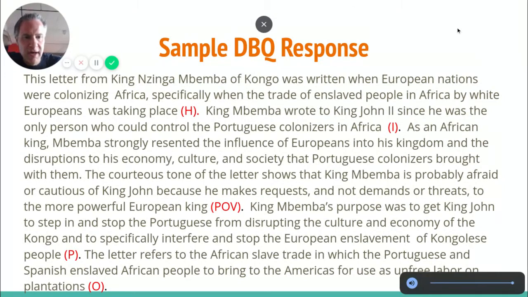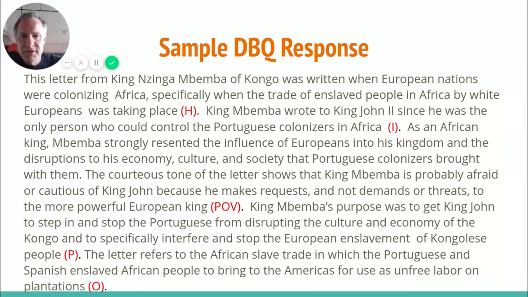Okay, so in our response, the first thing we do is historical context. And I always start this way. I just tell straight out, what is this document? It's a letter from King Mbemba of Congo, written while European nations were colonizing Africa. Bam, I've identified the period. Pretty broad, colonization of Africa by Europeans.